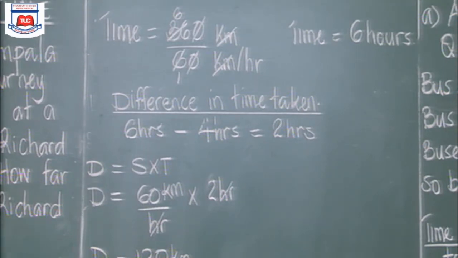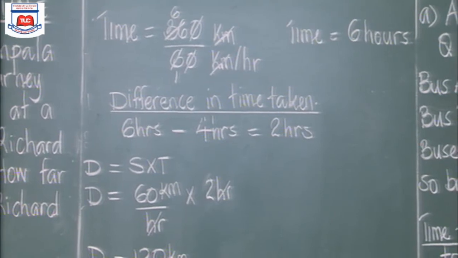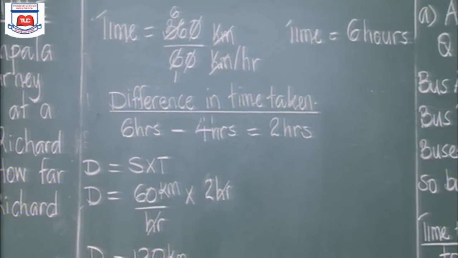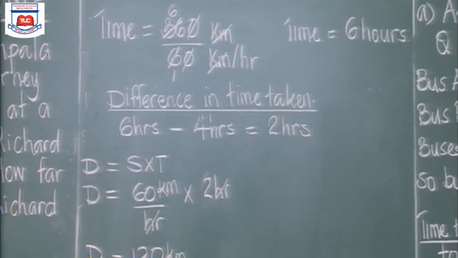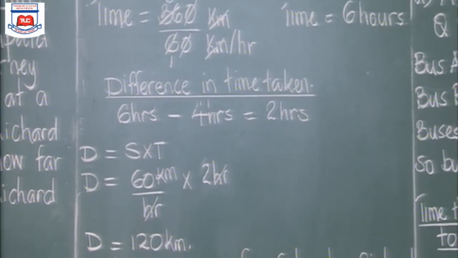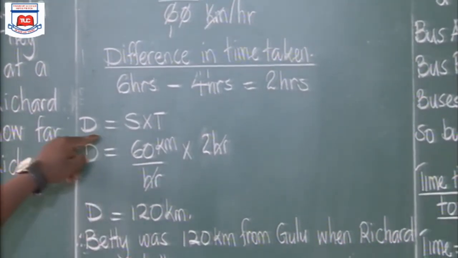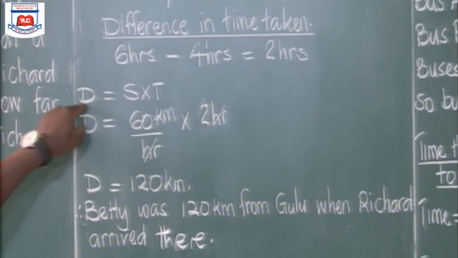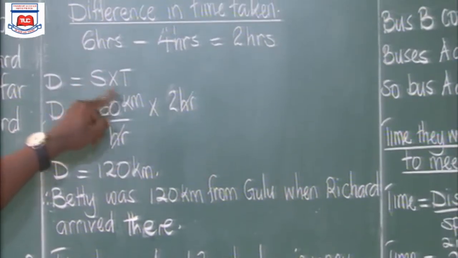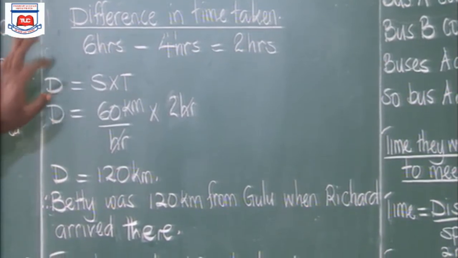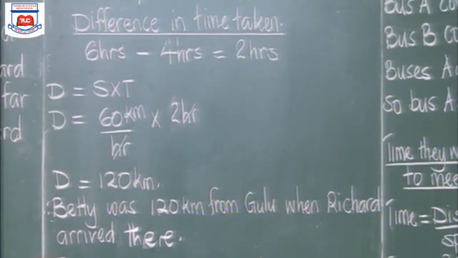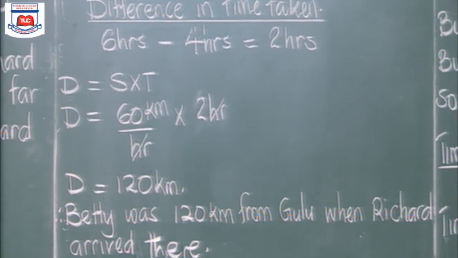Then, find the distance Betty will still cover when Richard arrives there in 4 hours. The fact being that Betty was driving at 60 kilometers per hour, in finding the distance, we are going to use her speed and the time difference, which she will take when Richard has already arrived in Gulu.